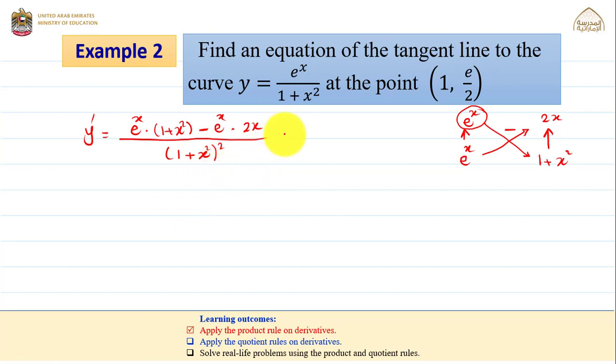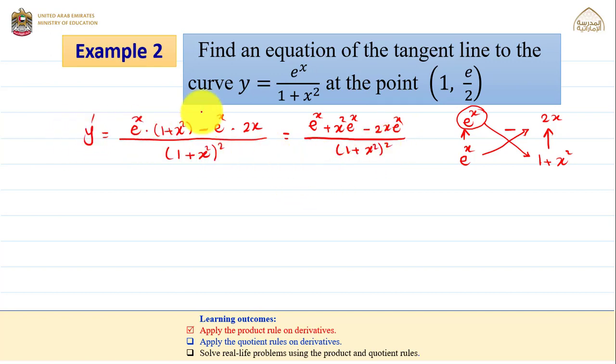Simplify, we get e to the power x plus x to the power 2 e to the power x minus 2x e to the power x, over 1 plus x to the power 2 all to the power 2.